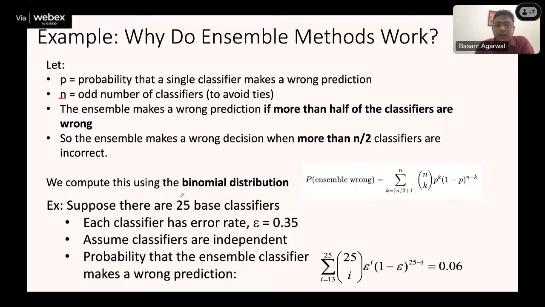Suppose we have 25 base classifiers, for example, and each classifier has an error rate of 0.35. Assuming that all the classifiers are independent, meaning complementary to each other, the probability that the ensemble classifier makes a wrong prediction is very small, 0.06.